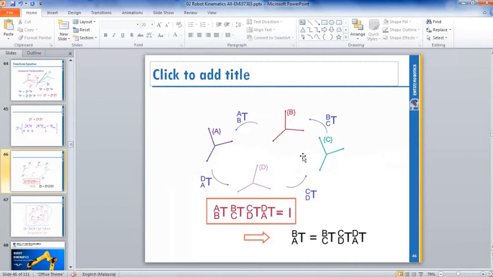Okay. Example here, from B to A to D to C. This one also has a different angle. This is a different angle between this and this. Also a different angle. So a lot of calculation.